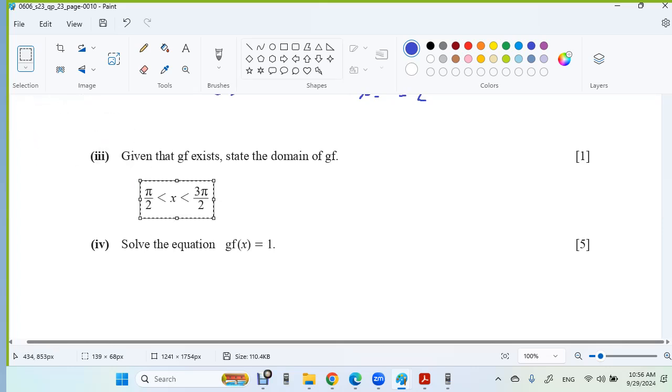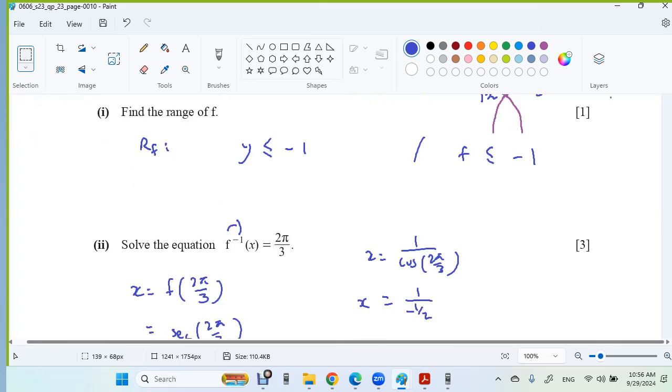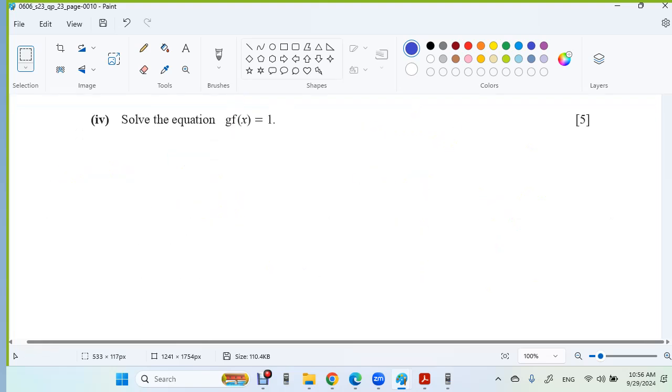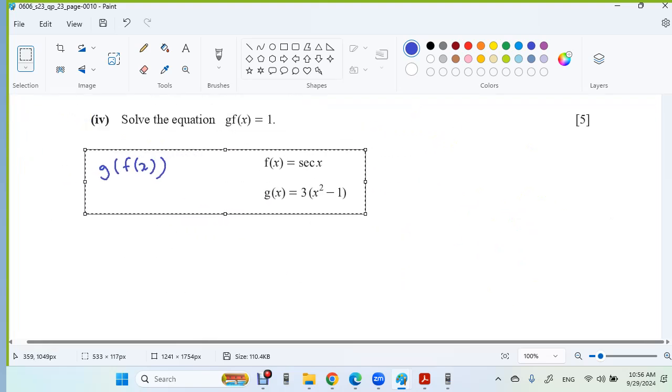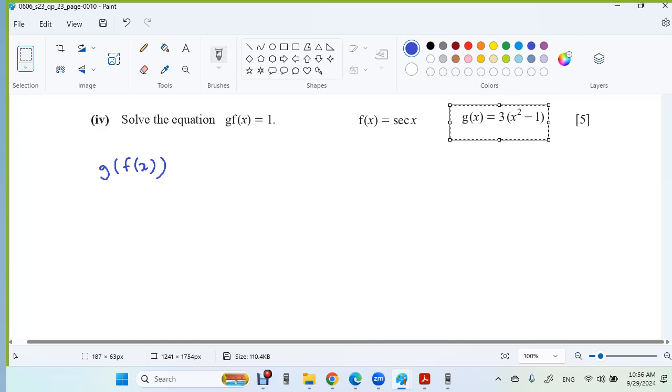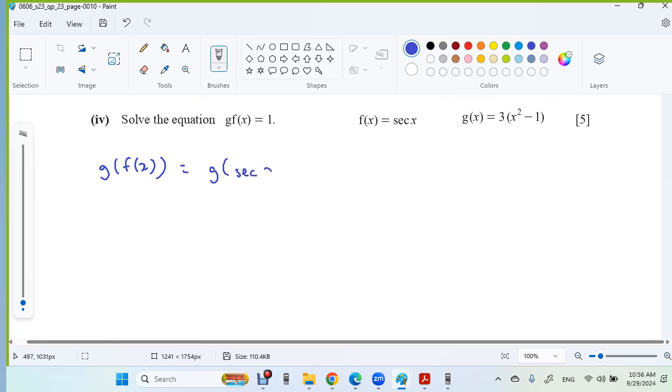Solve the equation gf(x) equal to 1. So g of x, we need to find the value of g of x first. So this is the f(x), this is the g(x), so it will be g of secant x. So 3 secant square x minus 3.